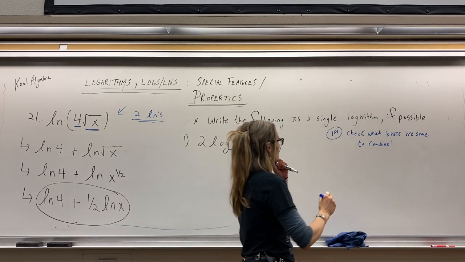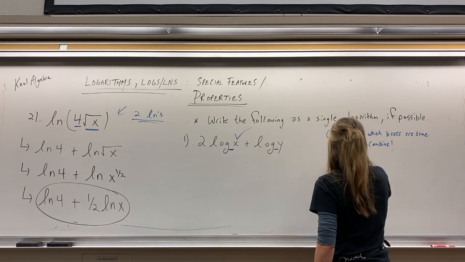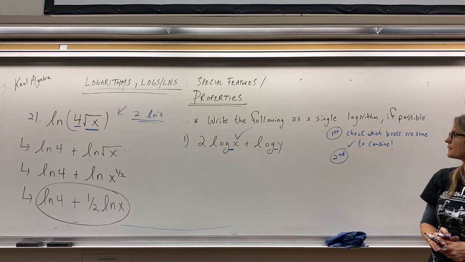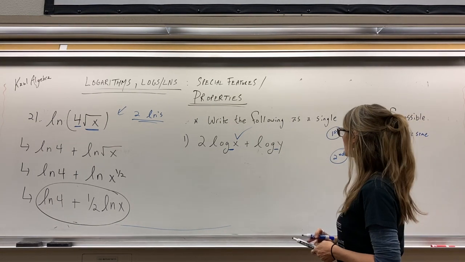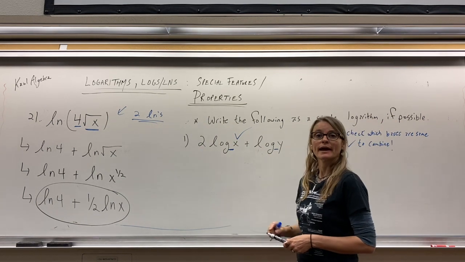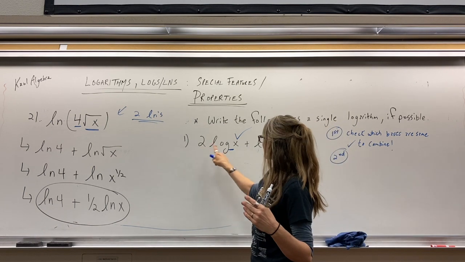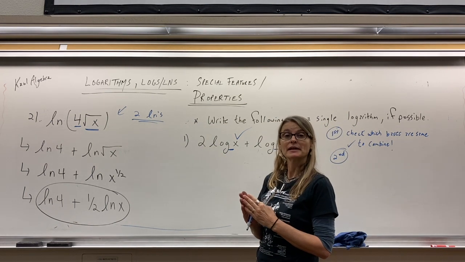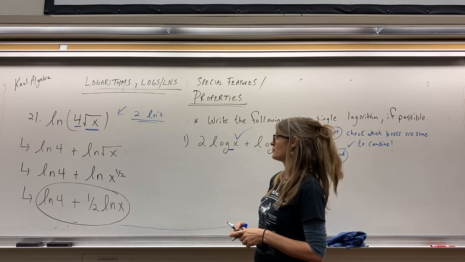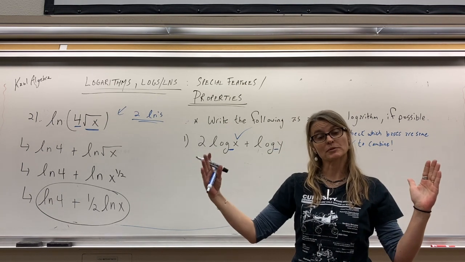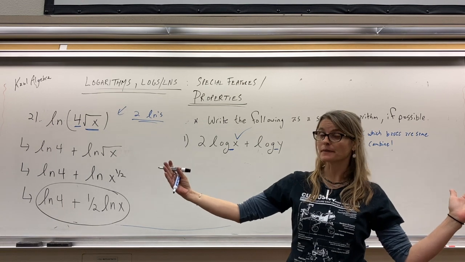Now the other thing is, you're going to get some messy expressions with parentheses and lots of coefficients, and typically what we do here is we get rid of our coefficients first and apply the power rule and then combine them. It's the opposite of when we expanded. When we expanded, we applied the product and quotient rule and then the power rule.